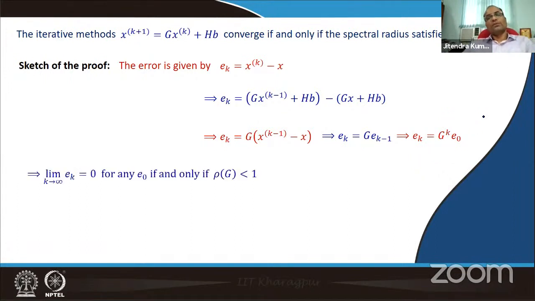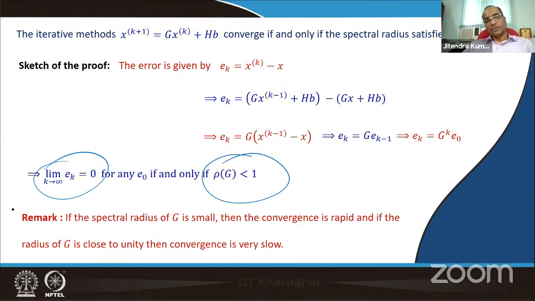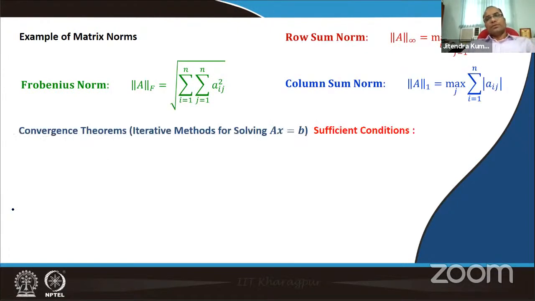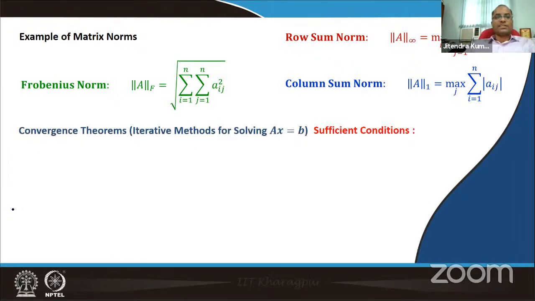So this is the background of that result: if the spectral radius is less than 1, then this error will go to 0. And another result comes in the form of norms, because there is some relation.